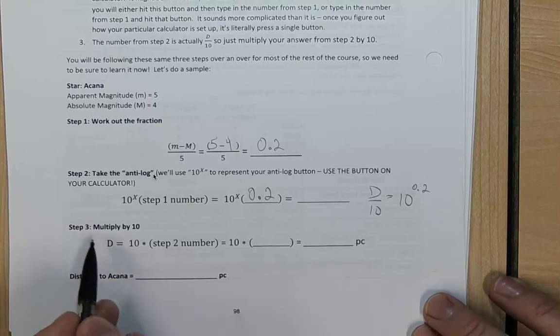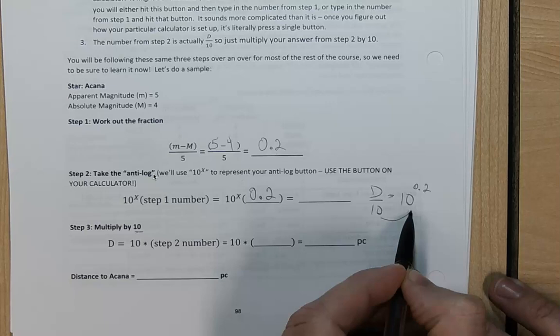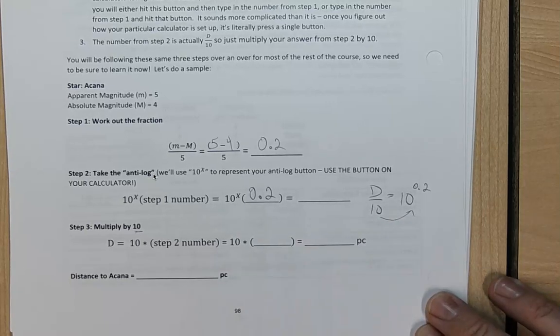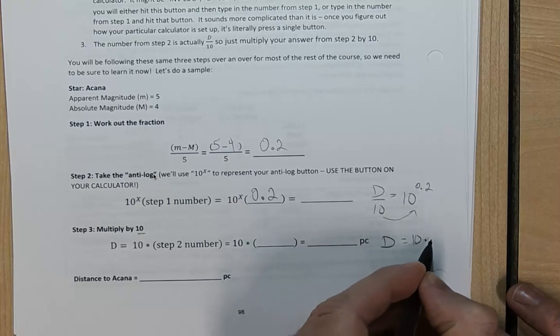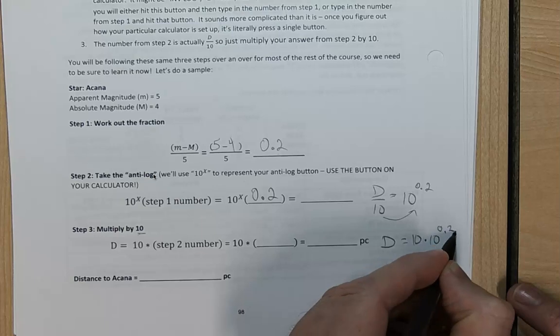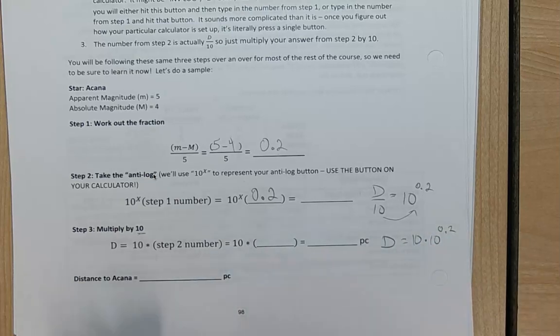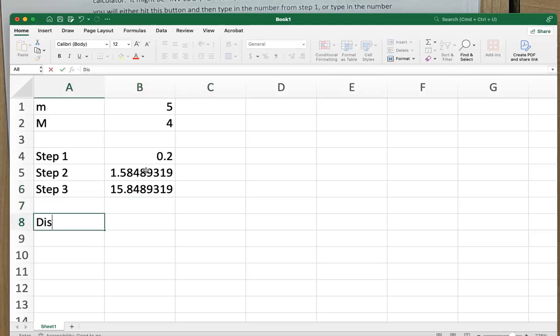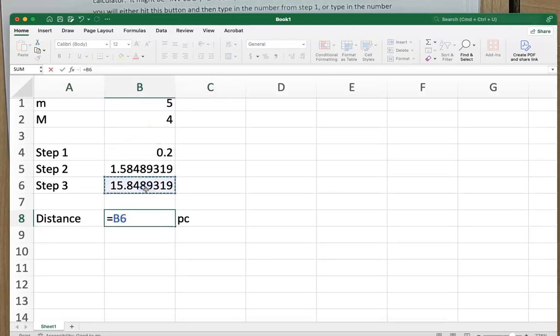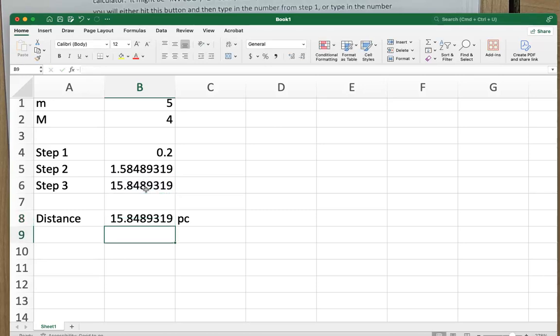All right, and then step 3 is just multiply by 10, so that you multiply both sides of the equation by 10, so that then d equals 10 times 10 to the 0.2 power. So the last step is take step 2 times 10. There's our distance in parsecs. That's just going to equal the answer from step 3. So that star, so Akana is 15.8 parsecs away.